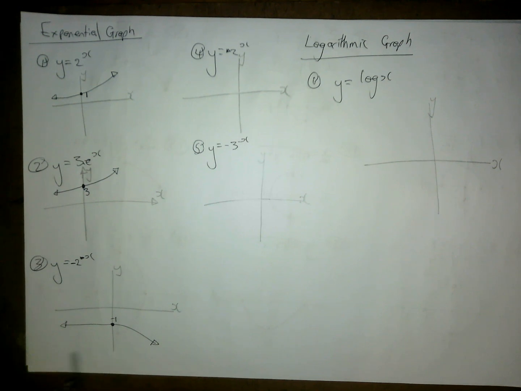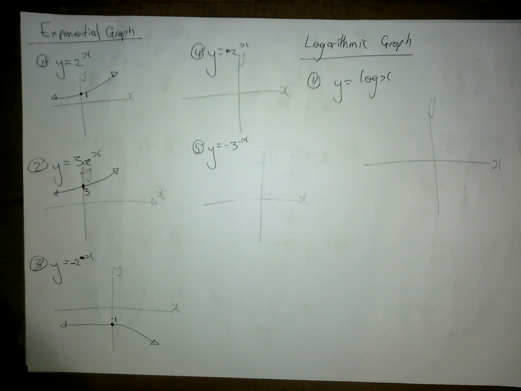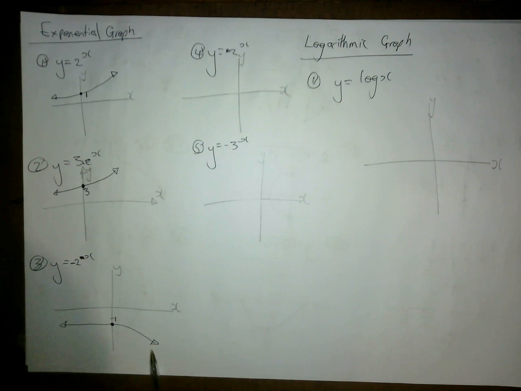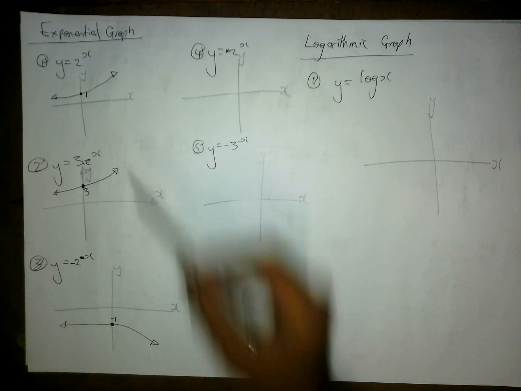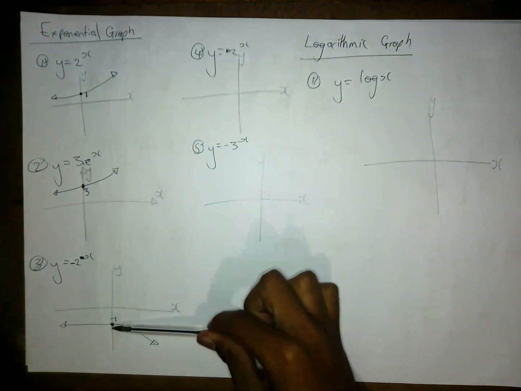Am I right? Yes. Number 3, yeah, it comes away. I mixed the 2 up. The graph is like this. It's negative 2, it comes at the bottom of the graph. So it's the opposite of this one, eh? It's still the opposite.